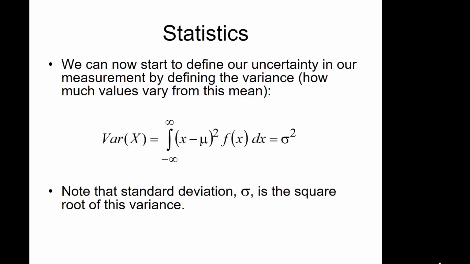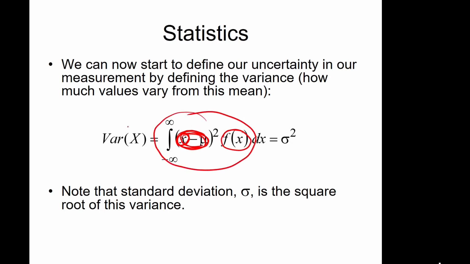And we calculate the variance by looking at the difference that each value has from the mean value. We square it. If we just looked at the difference, then that would sum to 0. So we look at the square of the difference, so everything adds positively. So it's that difference squared, times the probability at that point, integrated.